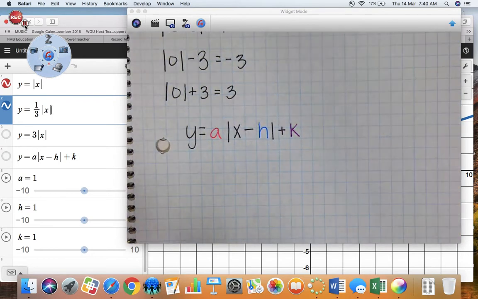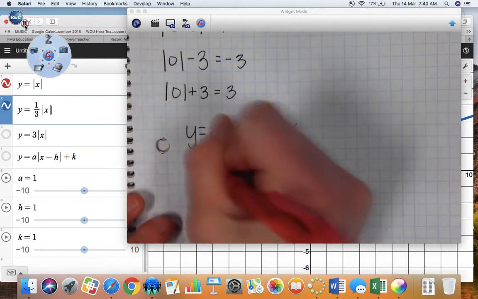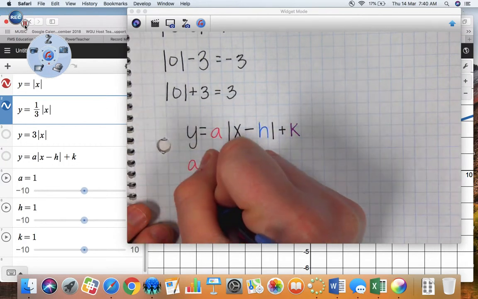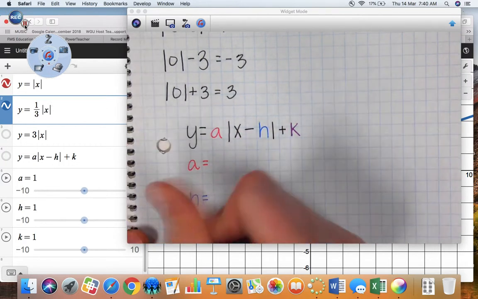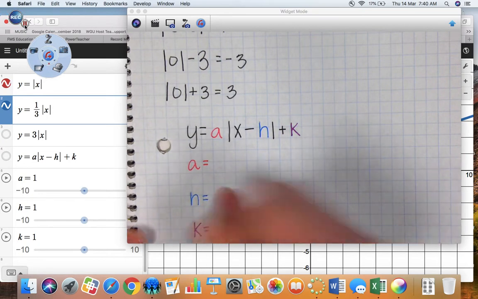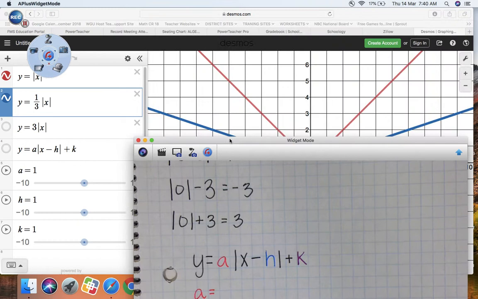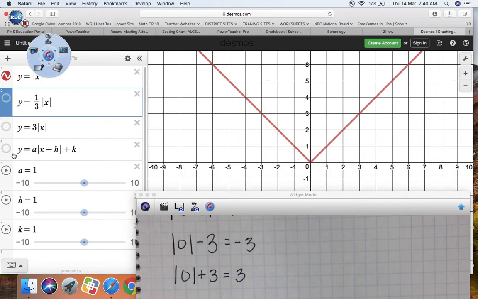So the A is going to do something to the graph. The H is going to do something to the graph. And the K is going to do something to the graph. So let's look at it on here, and I have these handy little sliders. So we're going to look at this equation.